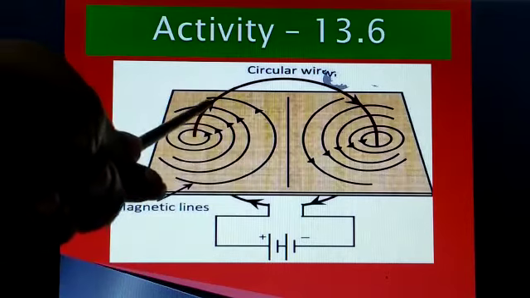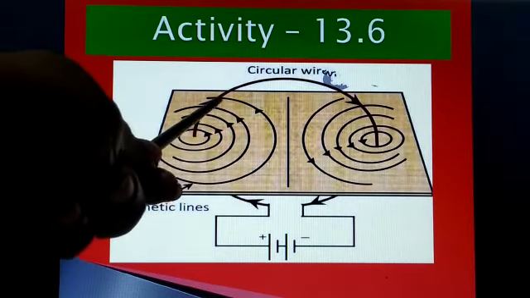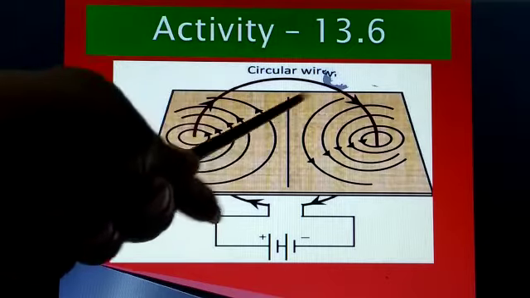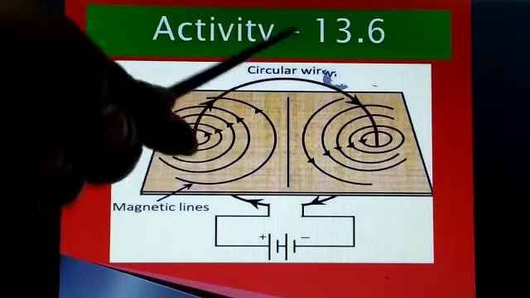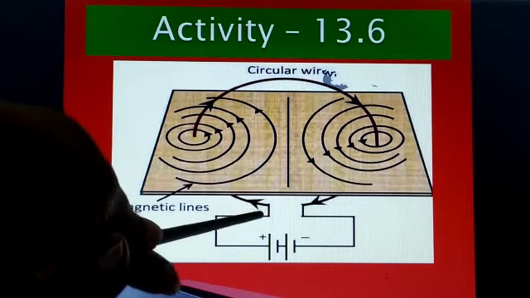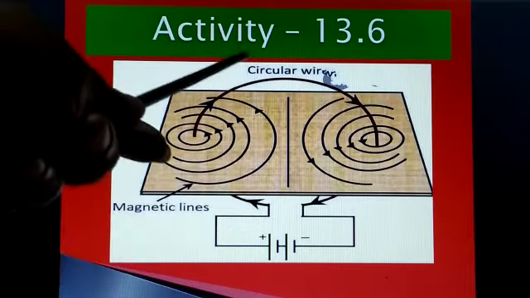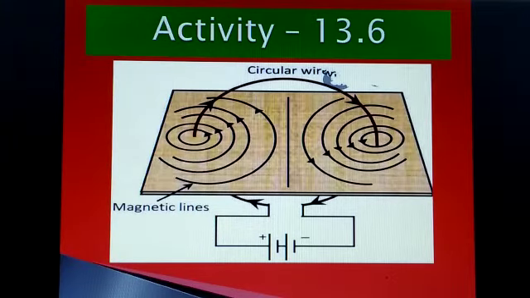Then the magnetic field also will increase. If we take n turns of wire, that also will increase the magnitude of magnetic field. And one more thing we can do: by increasing the current in the circuit, we can also increase the magnitude of magnetic field.